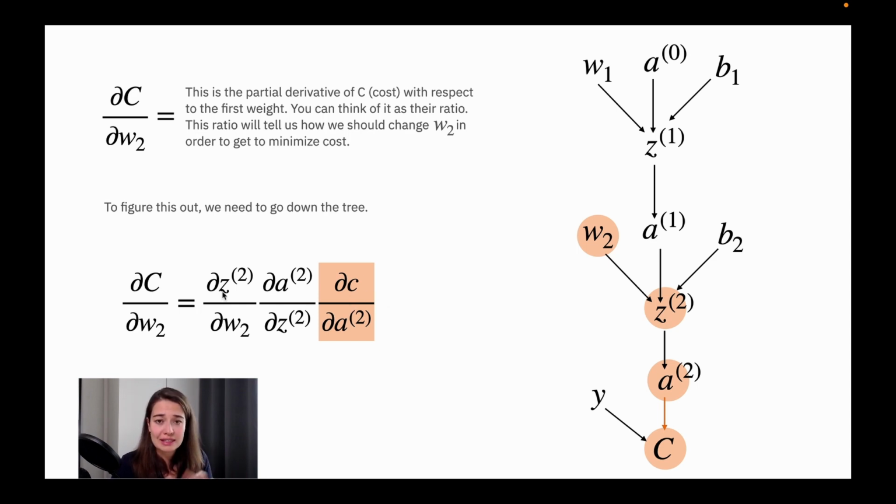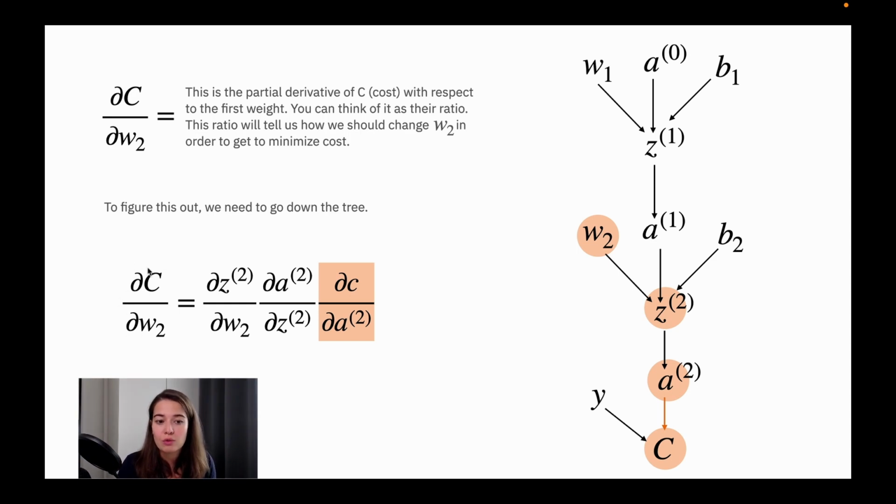And as you can see in this basic math way, these cancel each other out: the derivative of Z and the derivative of A, the outcome of the second layer, just cancel each other out. And at the end, we have the derivative of cost with respect to weight 2. That's why we can expand this to make it easier to calculate, because this is a value that is not accessible to us.